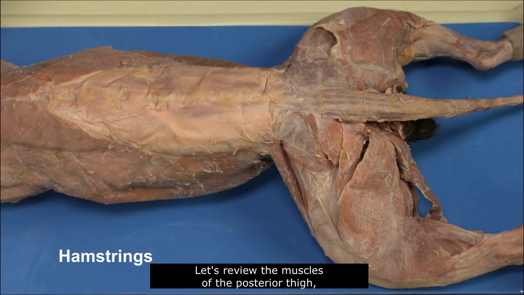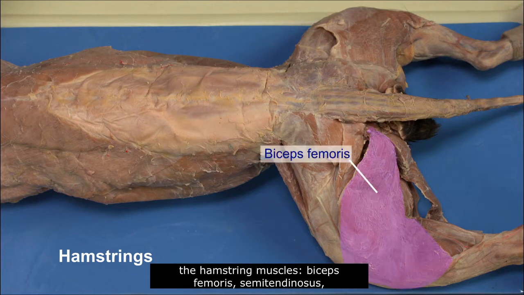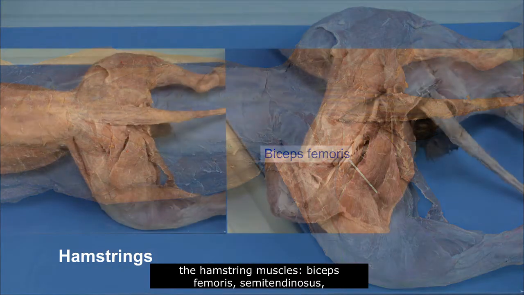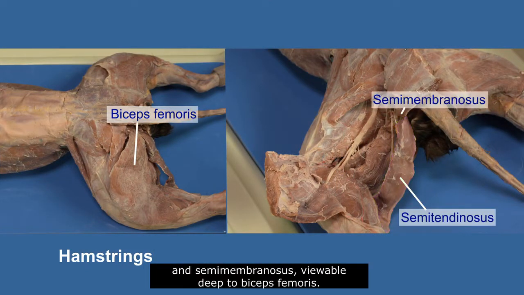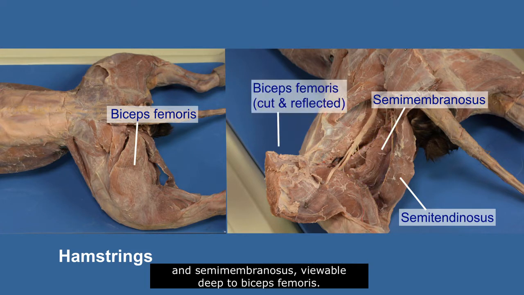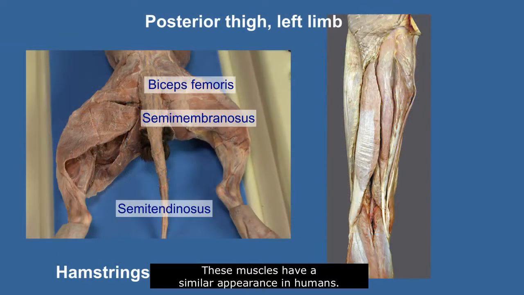Let's review the muscles of the posterior thigh, the hamstring muscles. Biceps femoris, semitendinosus, and semimembranosus, viewable deep to biceps femoris. These muscles have a similar appearance in humans.